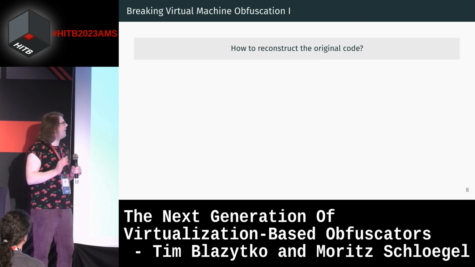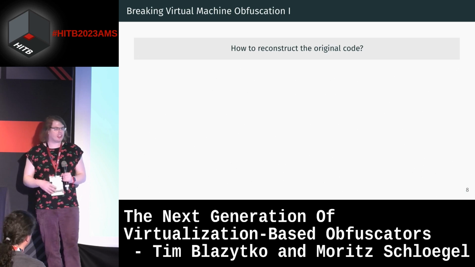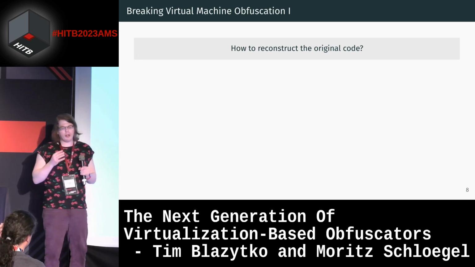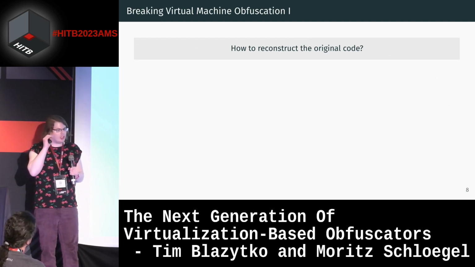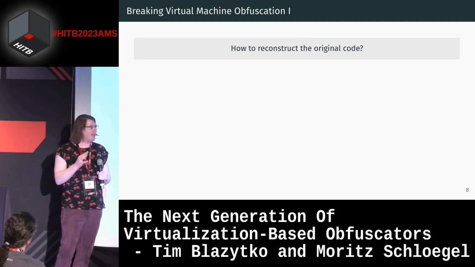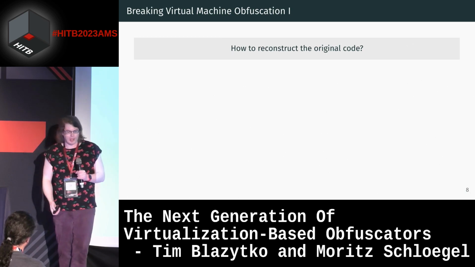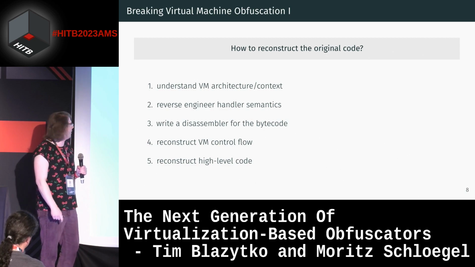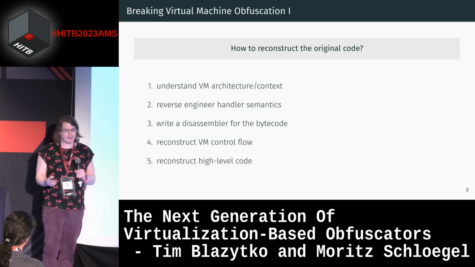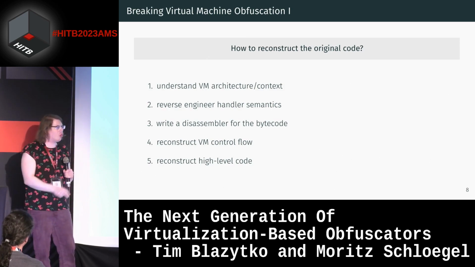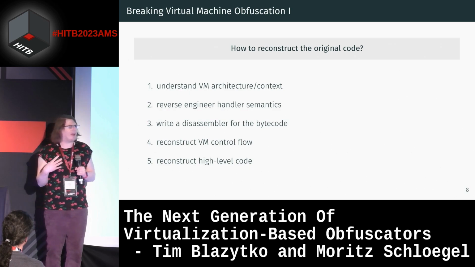So, given that, how would one break these VM-based obfuscation schemes? How to reconstruct the original code? Remember, right now the original code is represented as a piece of bytecode, which doesn't make any meaning for us. So first, we have to understand the VM architecture and the context: where is the bytecode, where is the instruction pointer, where are the handlers, what do the handlers do.